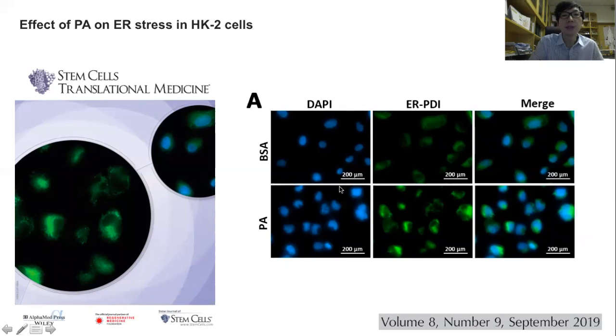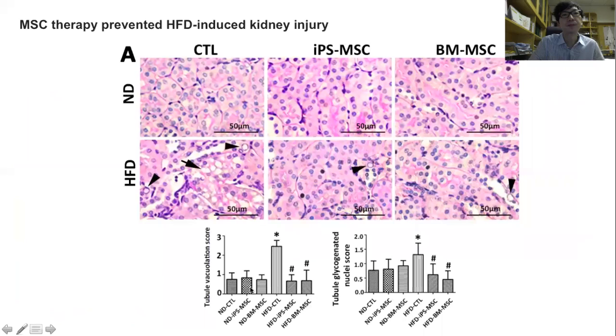These are DAPI staining the nucleus, and these are the ER stress marker. When merging these, the upper panel shows exposure to an equivalent dose of BSA, and the lower panel shows exposure to palmitic acid, and you can see a definite increase in ER stress in these cells. Actually, this figure was taken to be the front cover page of the journal in that issue.